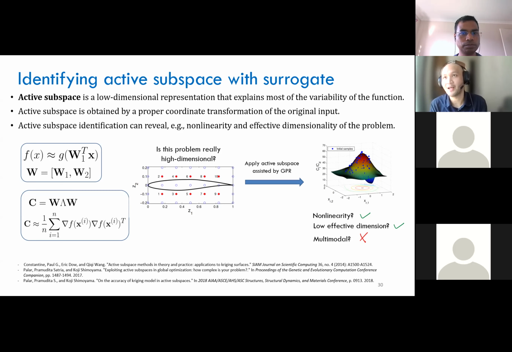The way we do that is when we evaluate the covariance matrix of the gradient, we get the eigenvectors. Each eigenvector has a corresponding eigenvalue, and this eigenvalue tells us how important those variables are. Typically, we sort the eigenvalues.